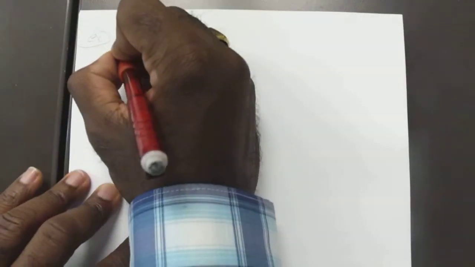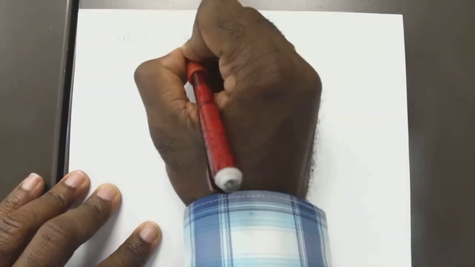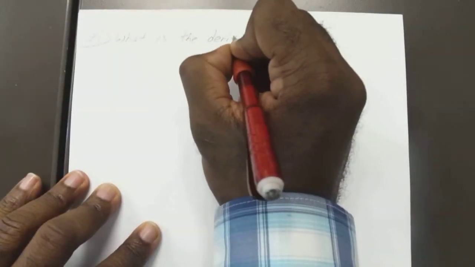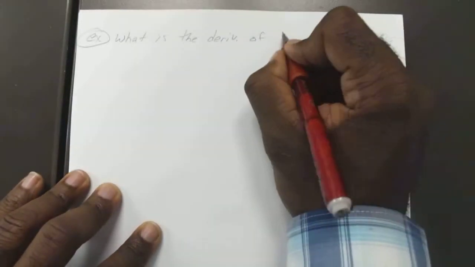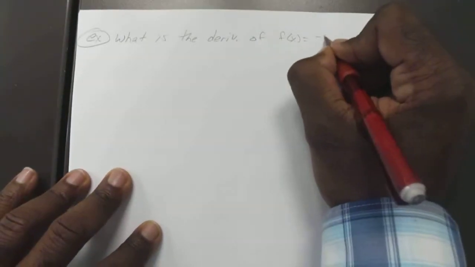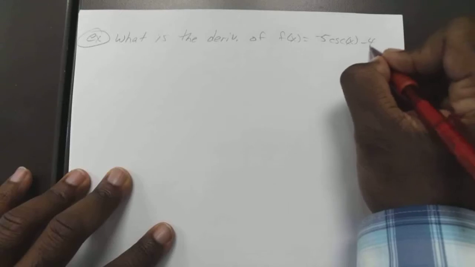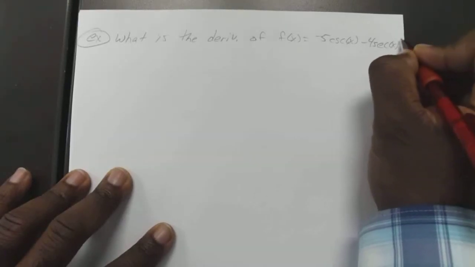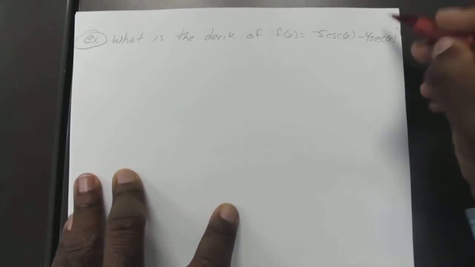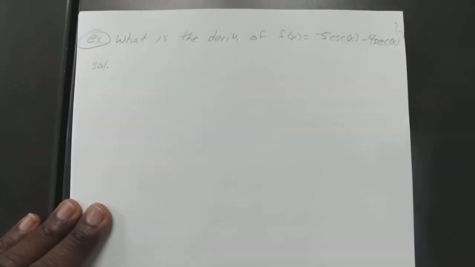Let's say, for example, what is the derivative of f of x equals -5 cosecant of x minus 4 secant of x? Solving this is just like solving the others.